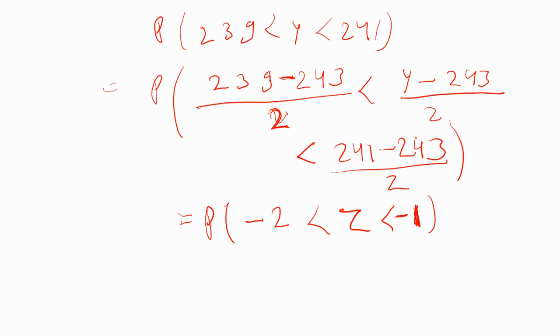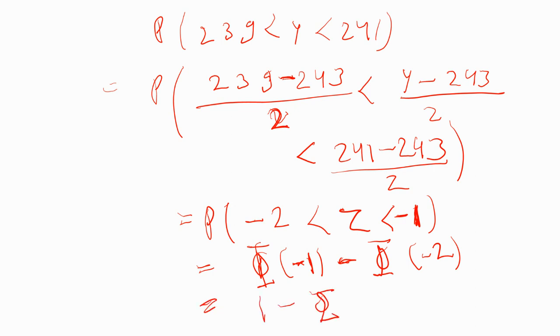So what we can do here is directly see that minus 2 to minus 1 will be the same as 1 to 2, or either you can write it as phi of minus 1 minus phi of minus 2, and then for this you can write 1 minus phi of 1 minus, 1 minus phi of 2.